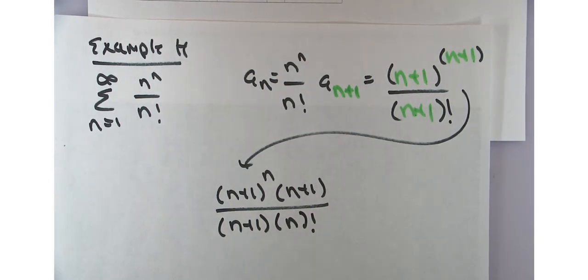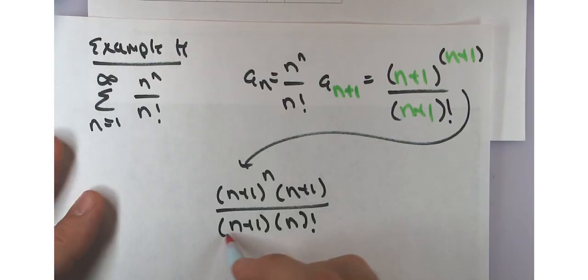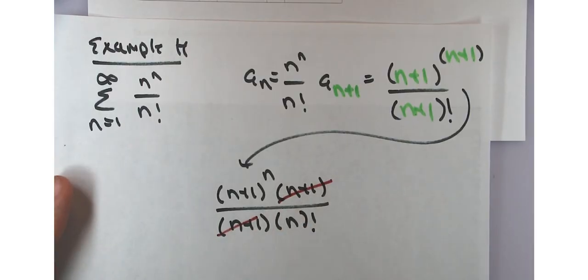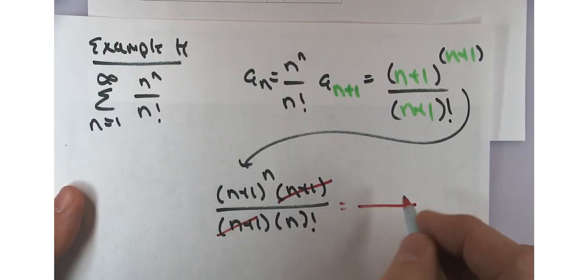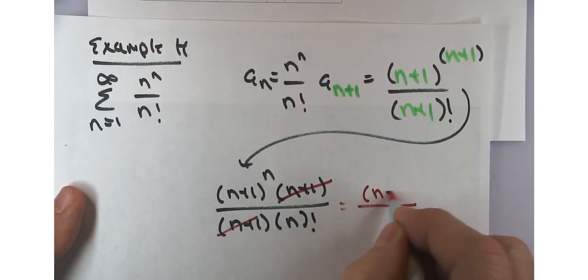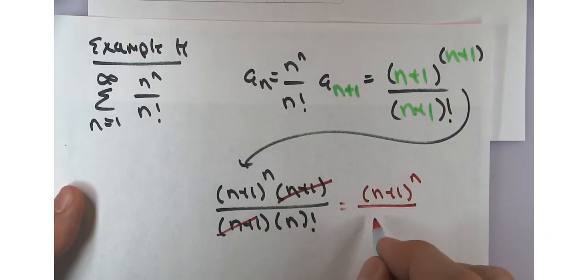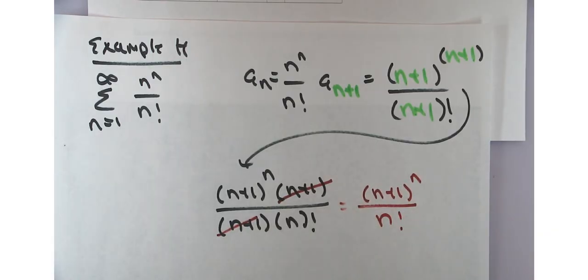So right away, I can get some nice cancellation here with those two terms. So overall, that's going to leave me with n plus 1 to the nth power over n factorial. Not a huge thing, but a little nicer. And in the end, we're going to need to be a little bit careful with simplifying this thing anyways.